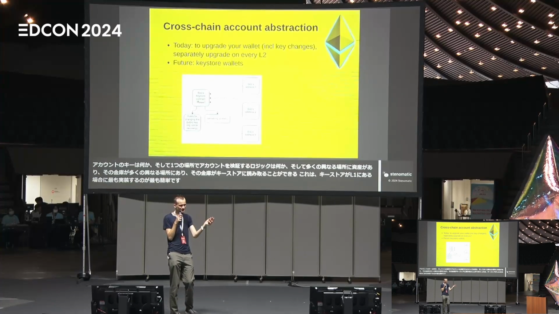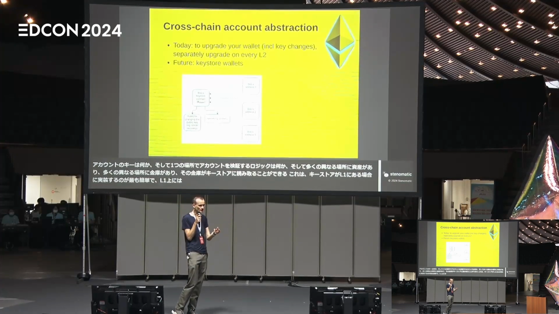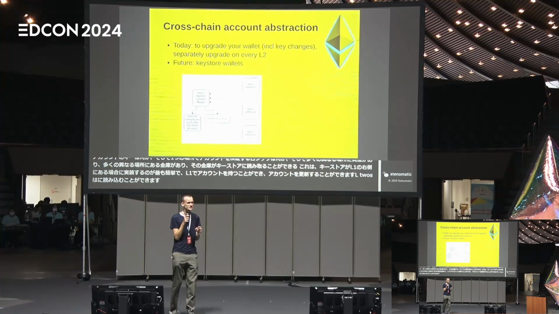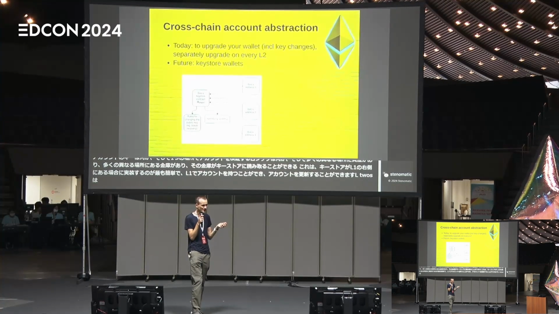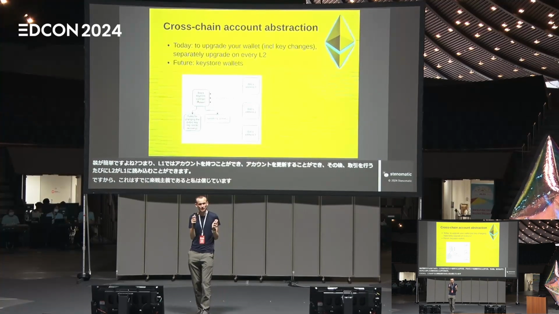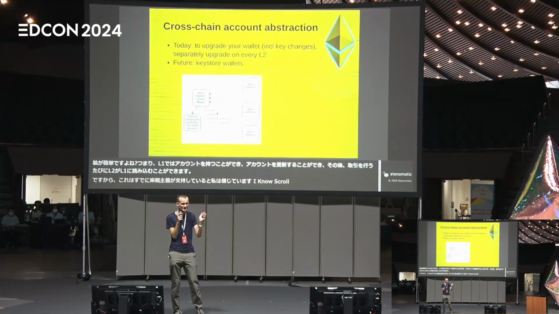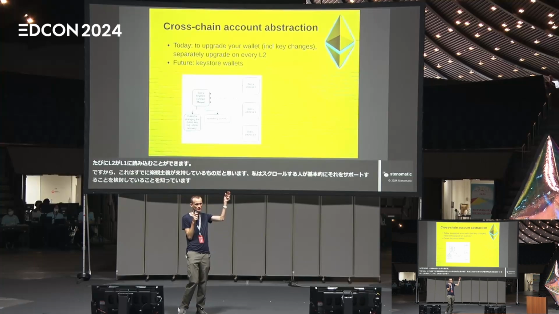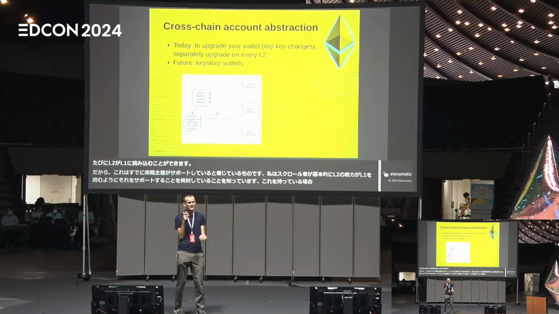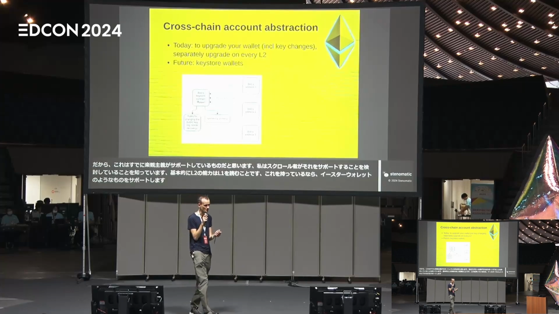So on L1, you can have your account, you can update your account, and then L2s can read into L1 every time you make a transaction. So this is something that Optimism already, I believe, supports. I know Scroll is looking into supporting it, like basically the ability for L2s to read L1. If you have this, then supporting things like key store wallets becomes much easier.